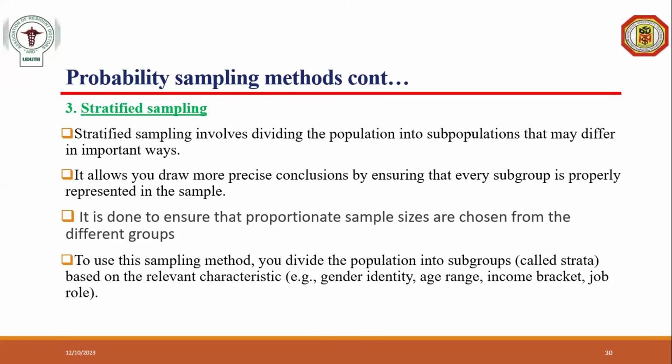For example, you are conducting a study among healthcare workers. So you know healthcare workers are of different strata. You can have doctors, nurses, pharmacists, lab technicians, lab scientists, and what have you.